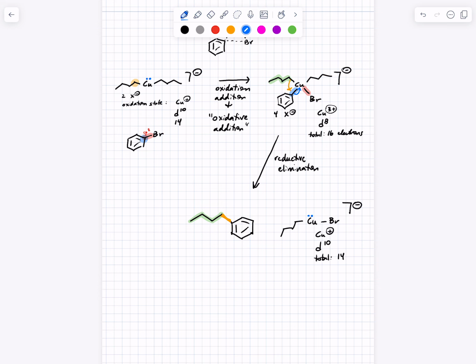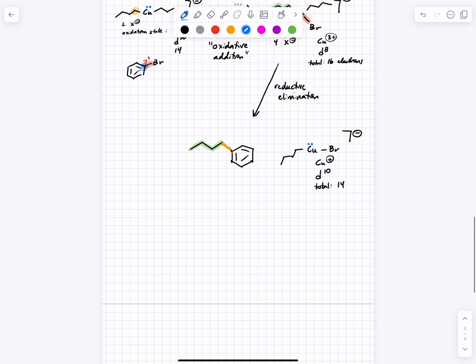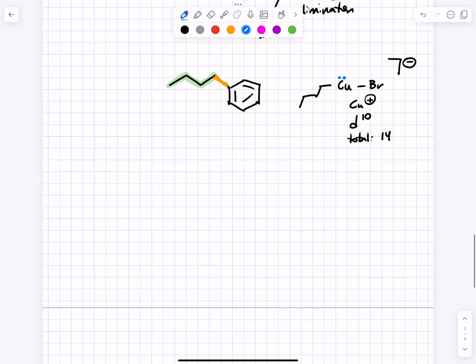So now let's talk about a Nobel Prize winning reaction. We leave it to the end, and it's kind of a shame because of all the reactions we've talked about in this semester, this one by far is the one most used in the pharmaceutical industry to make new molecules. It works really, really well.